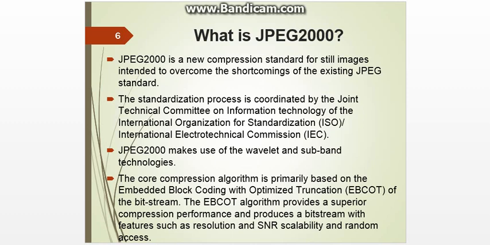JPEG 2000 makes use of wavelet and subband technologies. The core compression algorithm is primarily based on Embedded Block Coding with Optimized Truncation, that is EBCOT, of the bit stream. The EBCOT algorithm provides a superior compression performance and produces a bit stream with features such as resolution and signal to noise ratio scalability, and random access.